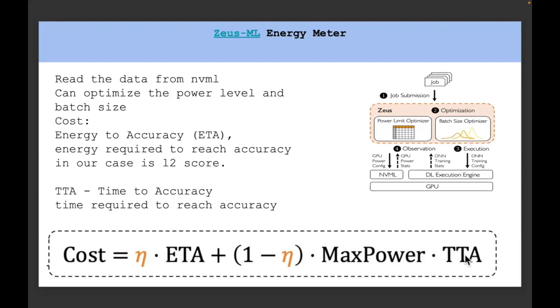So in our case, we use this framework only for reading because the framework itself, in order to optimize the GPU power level, requires admin rights for the Intel platform, so I didn't have it. So I used it only for reading.